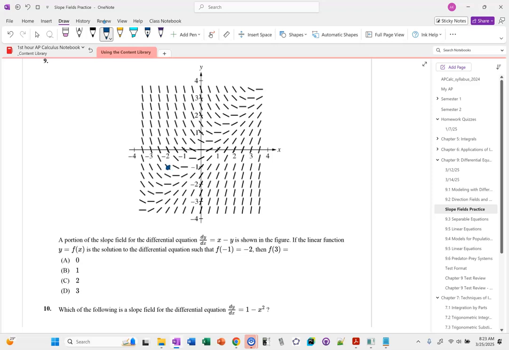Well, let's start by plotting negative 1, negative 2. It's right there. Everybody agree with that?